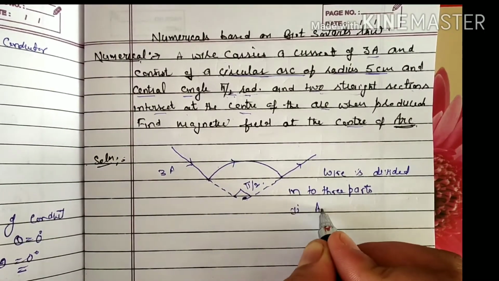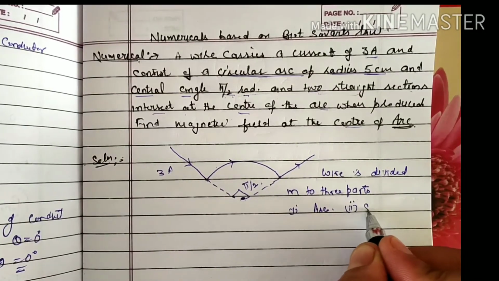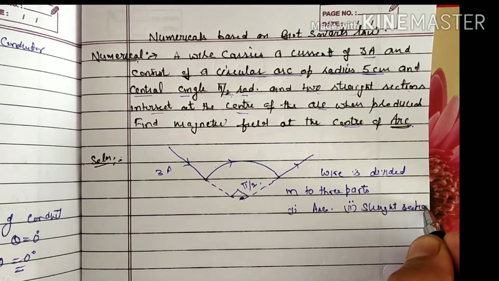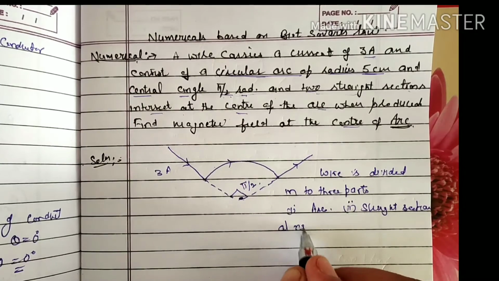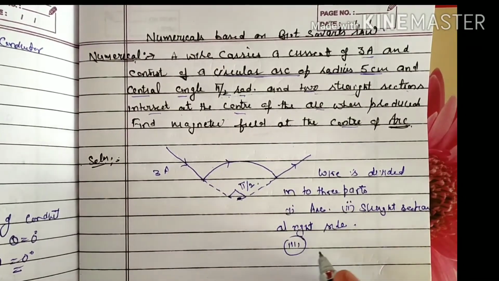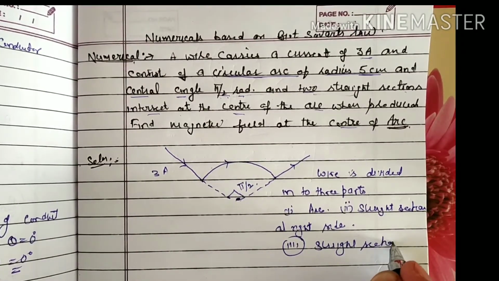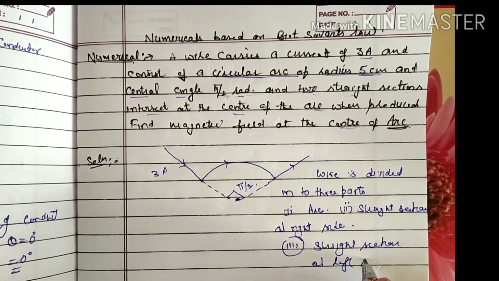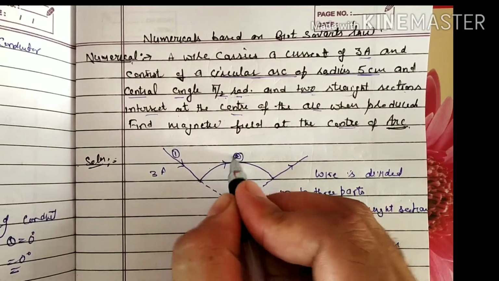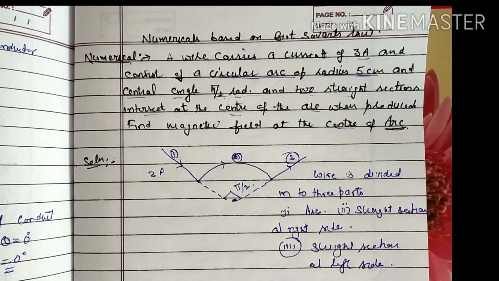First is the arc, and second is a straight section at the right side, and one more straight section at the left side. First, second and third, these are the 3 parts of this wire.